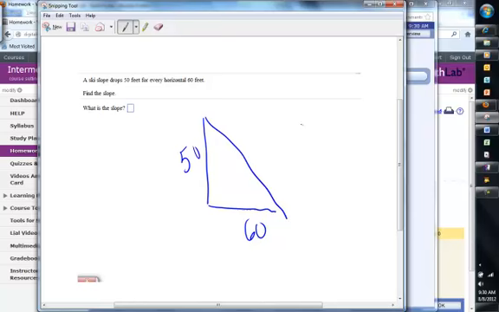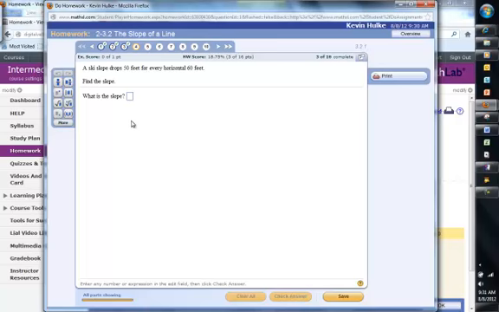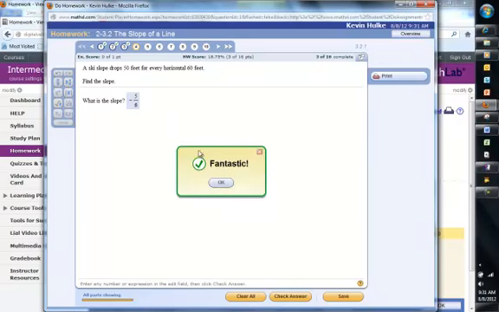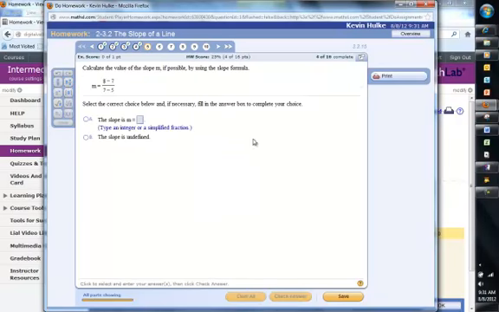Find the slope. So the slope is the change in y, negative 50, because it's dropping 50, over 60. So we'll say negative 5/6. Negative fraction 5/6. You want to simplify the fraction.